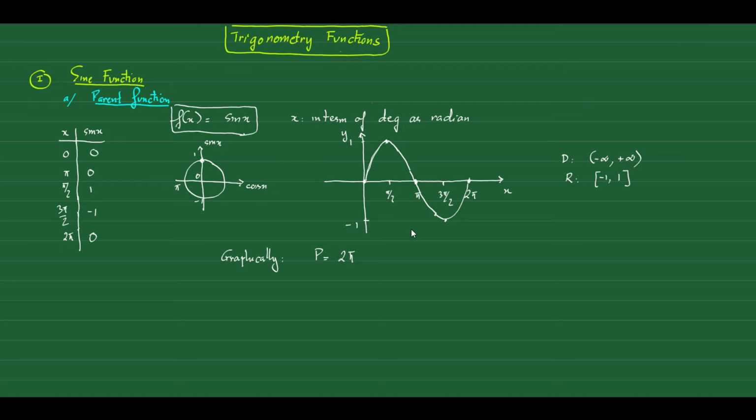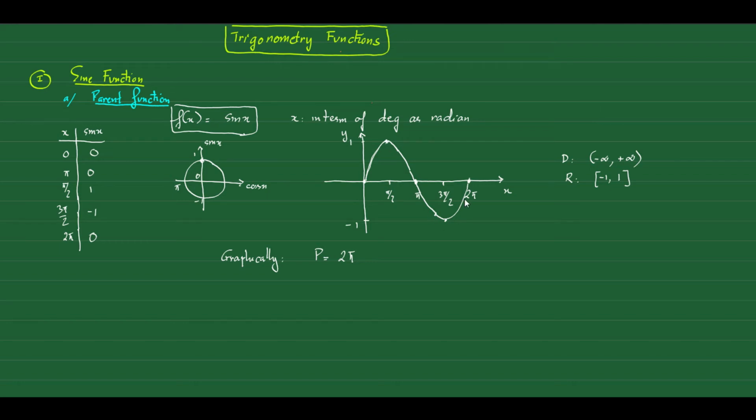When k equals 2, it'll be 4 pi, and you shift everything to the right. It's going to repeat one more time, and it keeps repeating. That's why we call it a periodic function. The period here is 1 revolution: when you go from 0 to 2 pi, you go up and go down, graphically.